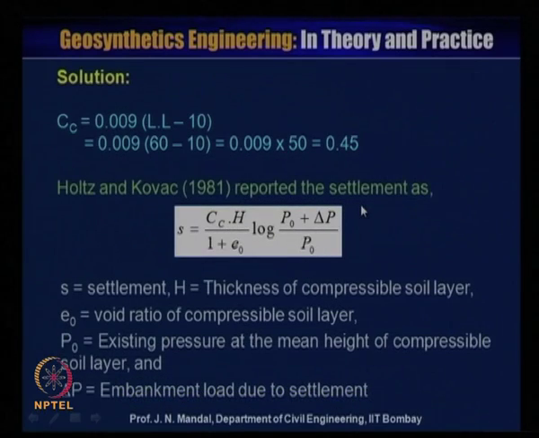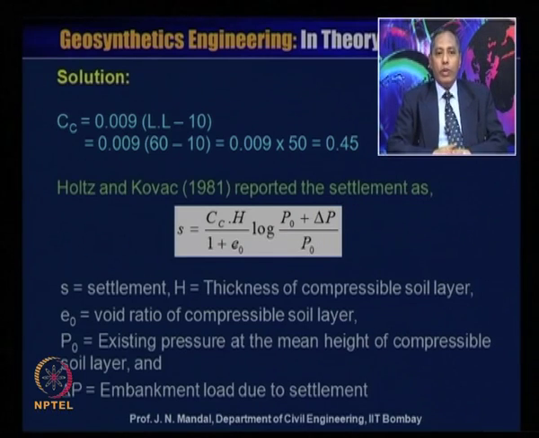So, now the solution. You know Cc is equal to 0.009 into liquid limit minus 10. So, is equal to 0.009 and liquid limit is 60 is given, minus 10, is equal to 0.009 into 50 is equal to 0.45.